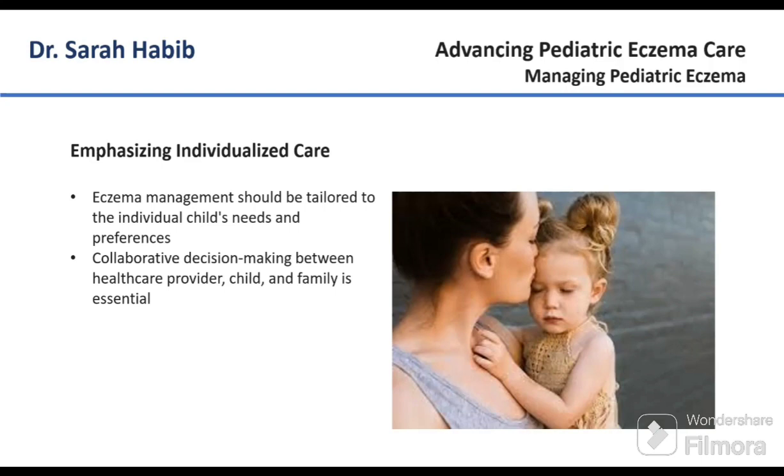And for that, an individualized treatment style is very important. We have to collaborate in decision making between the patient, the family and the healthcare provider. They should work together to maintain that lifestyle. So I would always emphasize individualized, personalized care.